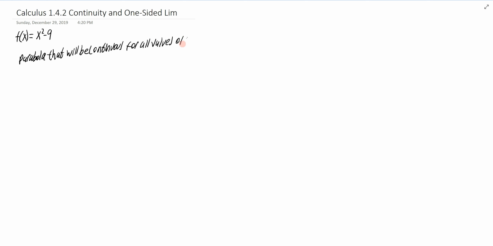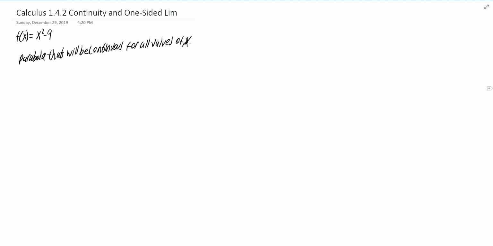It doesn't matter if I put in, let's say, negative a million or a million. It's always going to result in a value, and it's always going to be continuous because it is a parabola. So we don't have to do really anything for this problem at all, which is pretty nice.